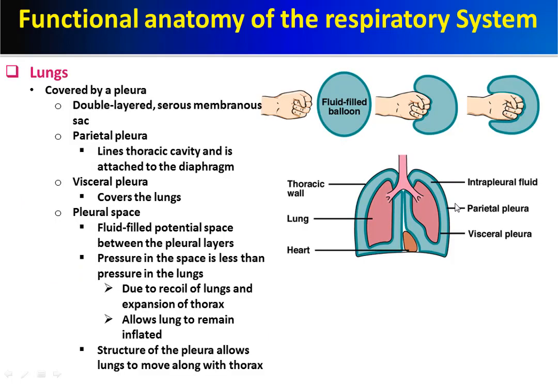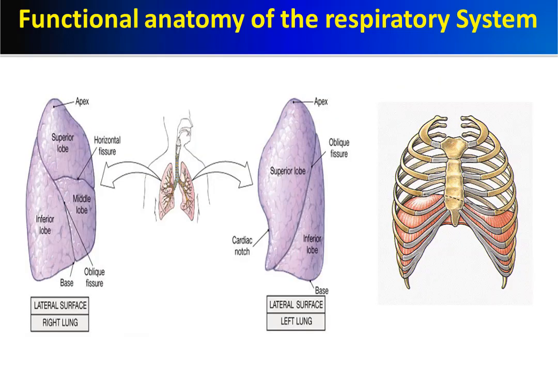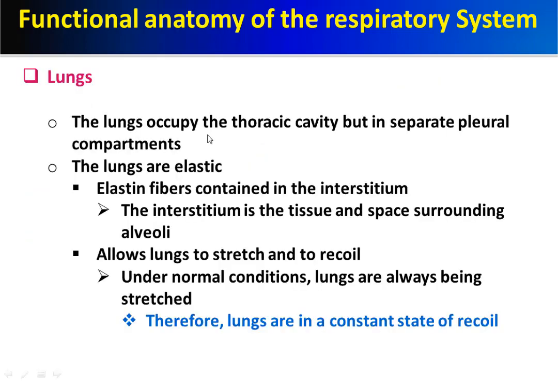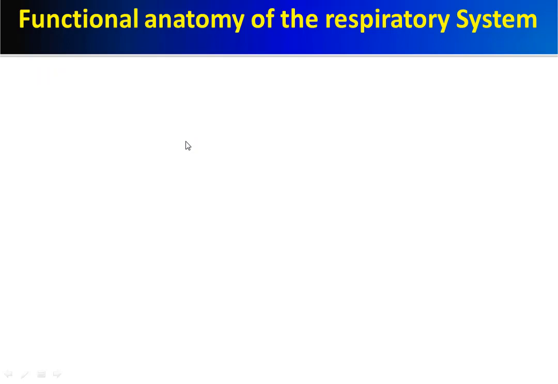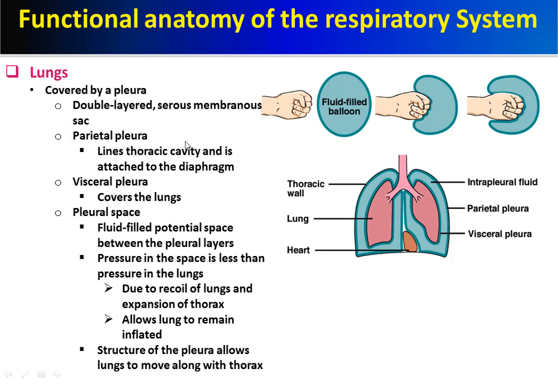Now, we've mentioned that the lungs are located in the thoracic cavity, but in separate pleural sacs or pleural compartments. So what are these pleural sacs or pleural compartments? This is a pleural sac.